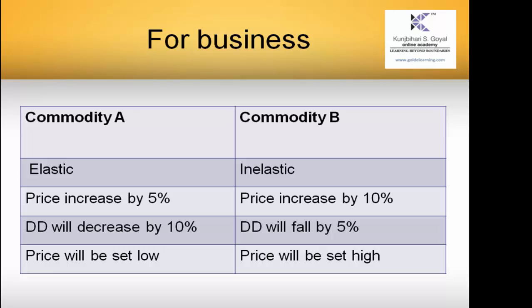तो सिंपल चीज है, व्हाट विल अ बिजनेसमैन डू? बिजनेसमैन विल सेट लो प्राइसेस इफ द कमोडिटी ही इज सेलिंग इज इलास्टिक इन नेचर. Where commodity is inelastic in nature, then he will set high price.